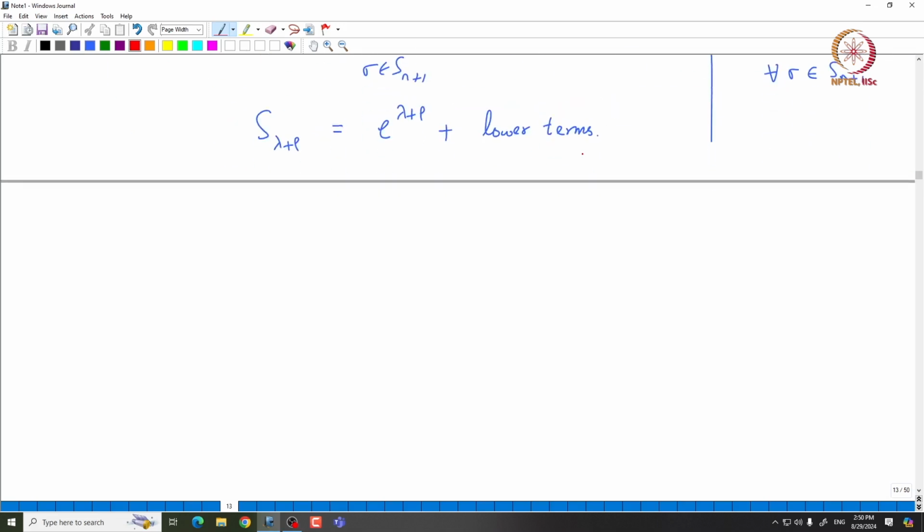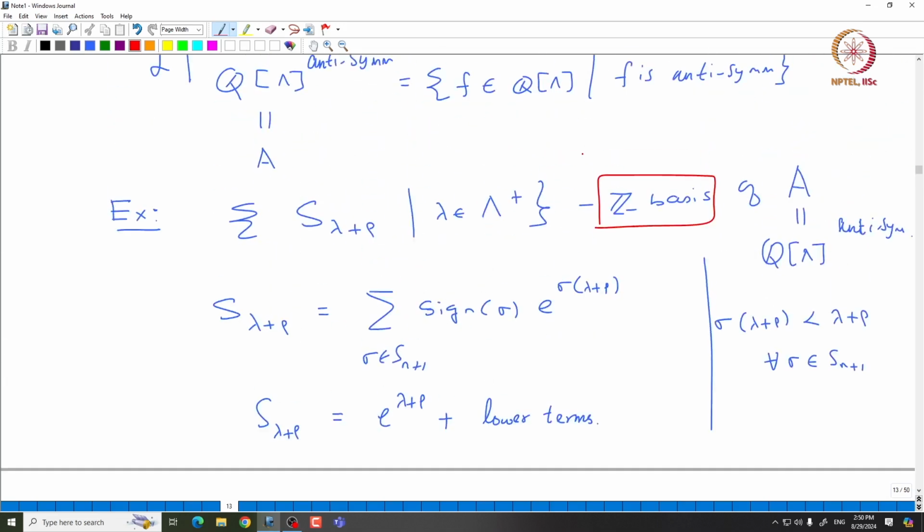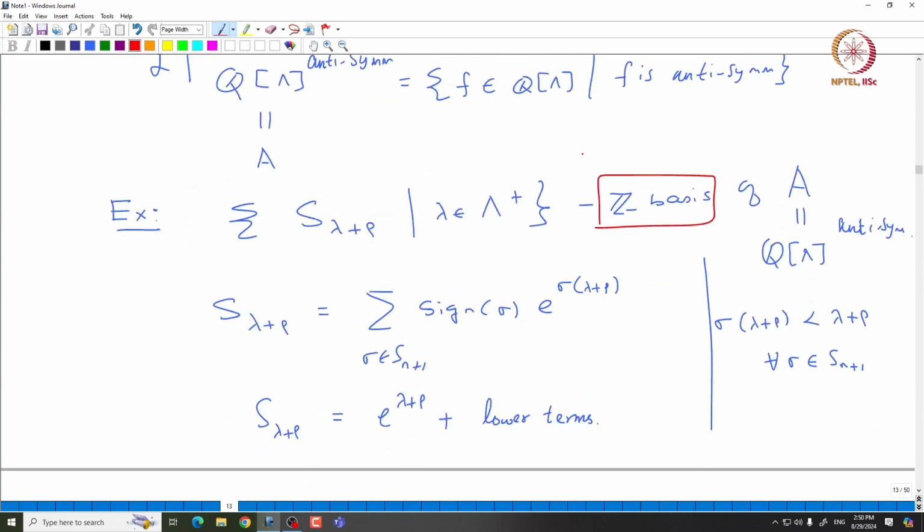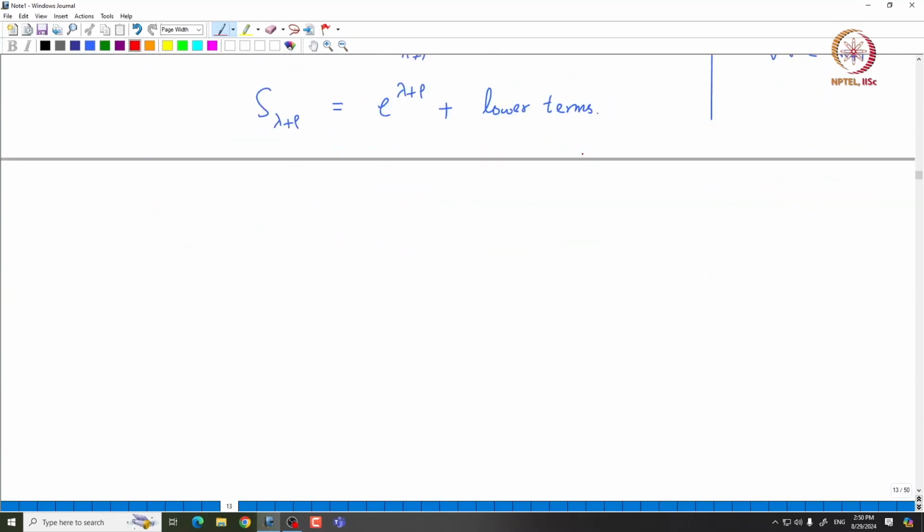Now, using this, you can observe what it does in terms of the Laplacian. When you compute the Laplacian of s_{lambda+rho}, it is not hard to see that this is indeed an eigenvector for the Laplacian. So, just apply the Laplacian on s_{lambda+rho}. Recall that L of e^{mu} is nothing but norm mu squared times e^{mu}.